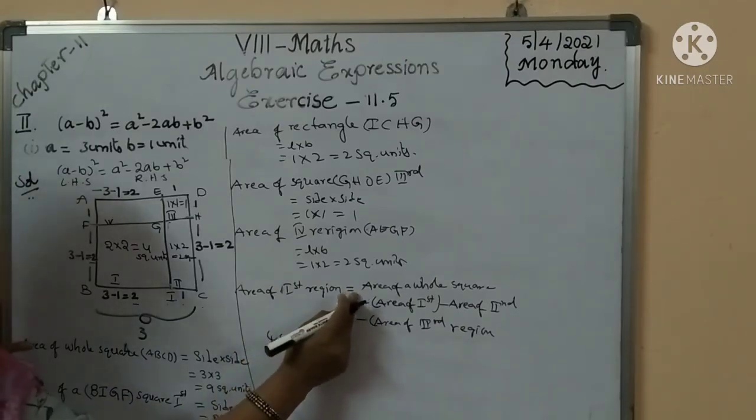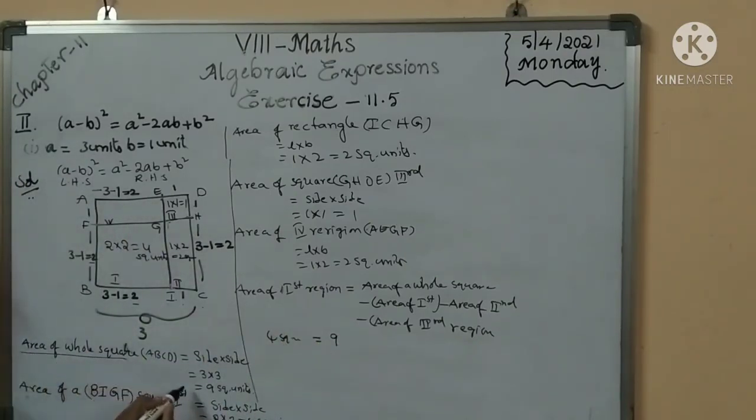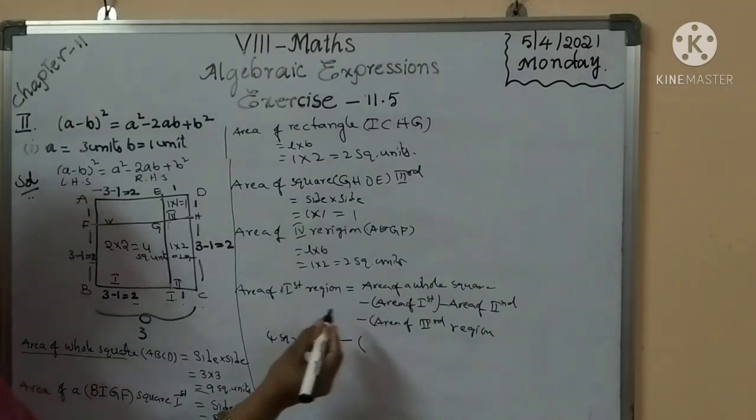Area of the whole square is 9 square units, minus area of the second region.